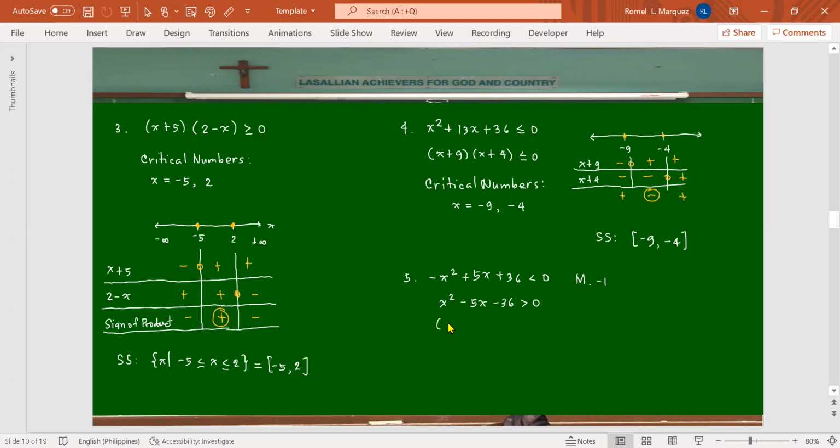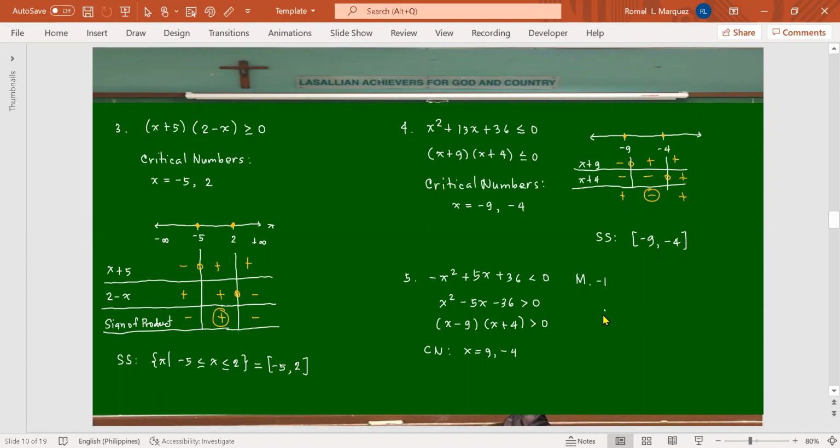What is now the factored form? x minus 9, x plus 4. Is that correct? Yes. What are the critical numbers? 9 and negative 4. Which one is smaller? Negative 4.